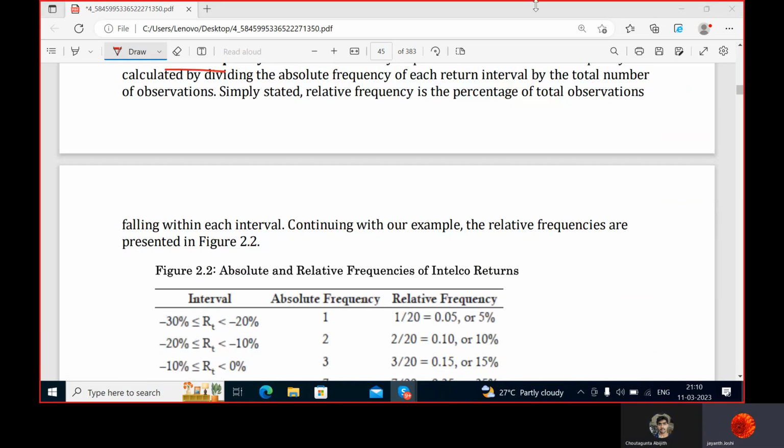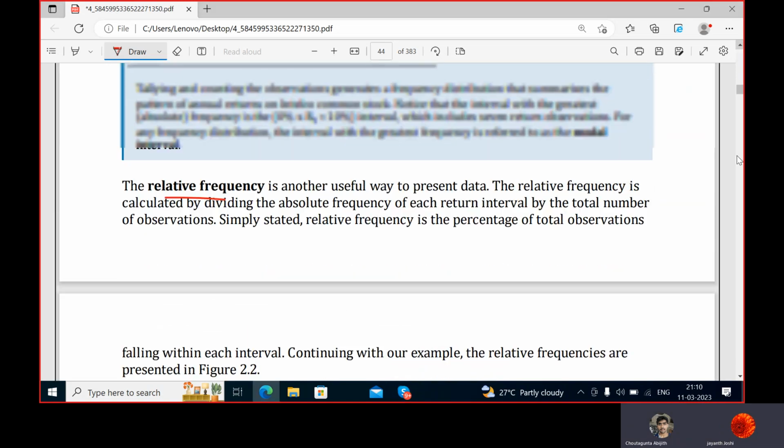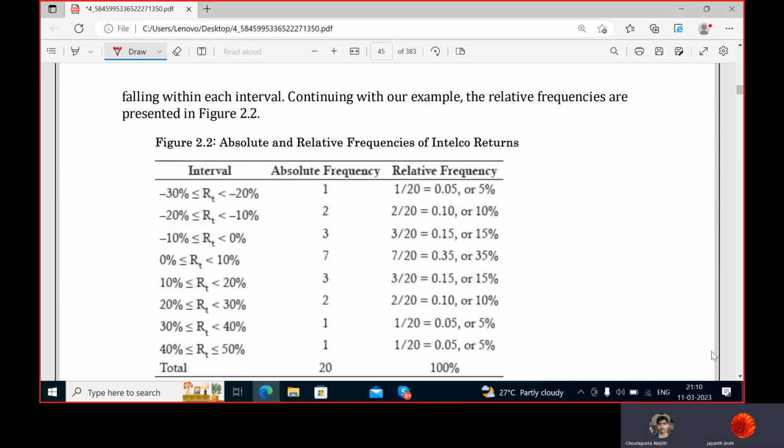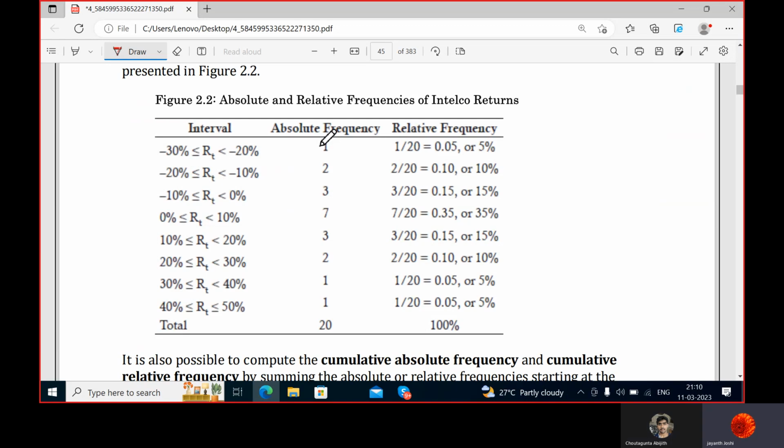You can see here the data is given, and you can see what percentage this frequency is of the total frequency and make that in percentage form. So 1 in 20 is 5%, 2 in 20 is 10%, 3 in 20 is 15%, 7 in 20 is 35%. In that way they have made it 100%. This is called relative frequency. What is this called?